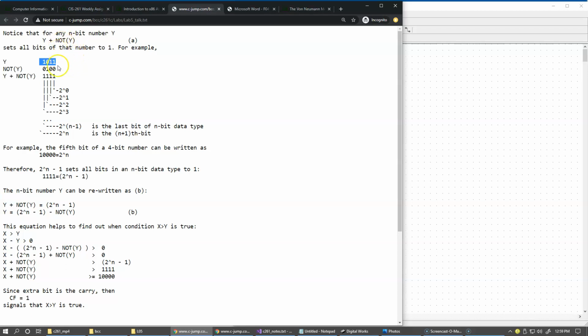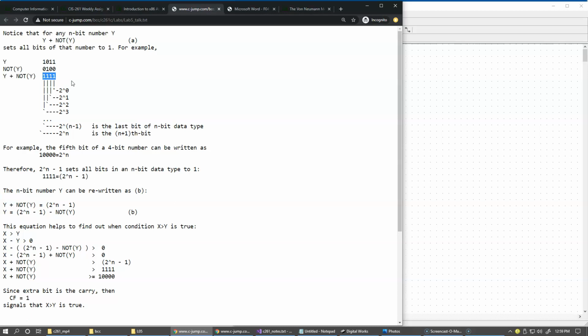And if you flip its bits and add y plus not y as usual, you have a result in which all of the bits of this addition are set to 1, because it's always going to be 0, 1 or 1, 0, and the result will be all ones set together.